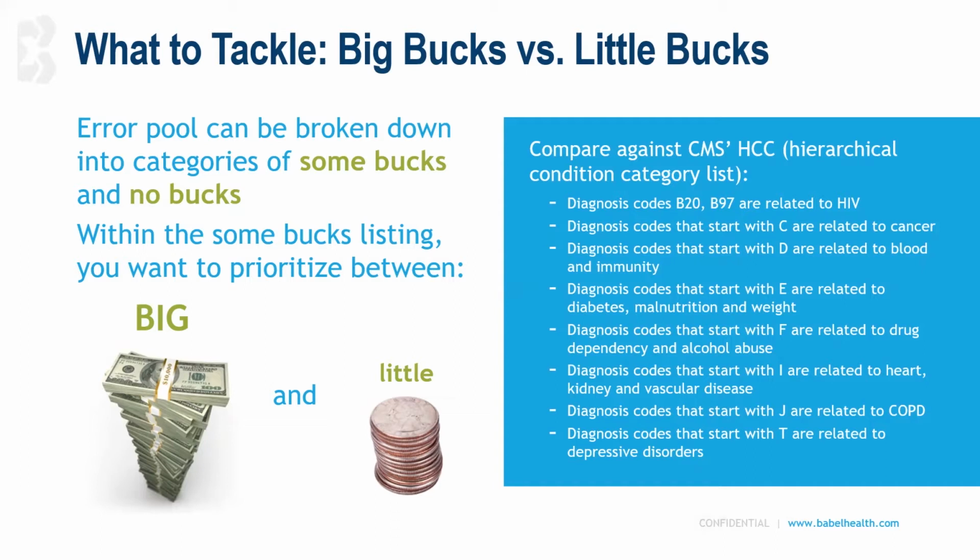So you can take a look at those and prioritize those which we're calling some bucks and no bucks, and then take the ones that will actually offer some risk payout and separate them into big and little based on the hierarchical codes that are associated with the diagnoses.